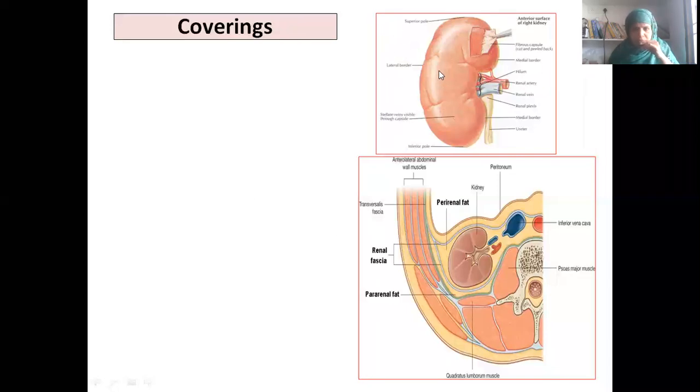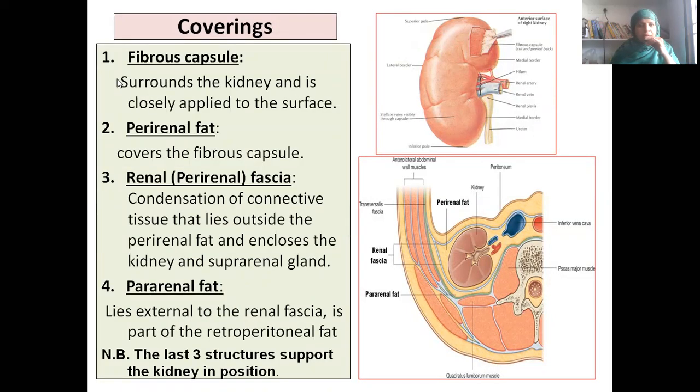If you observe this picture, immediately covering the kidney, you find there is one fascia which has been cut and lifted. That is called the fibrous capsule, which is closely applied to the surface of the kidney. Now, we should understand the layout of this picture.